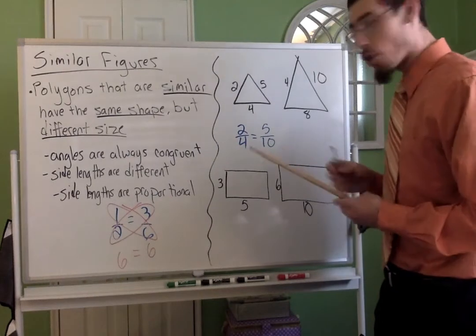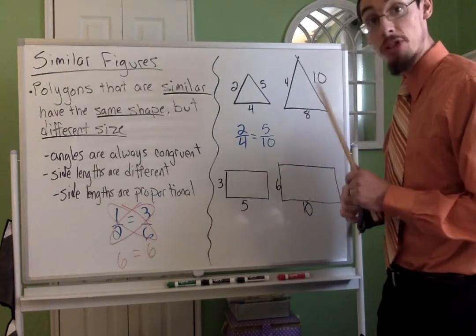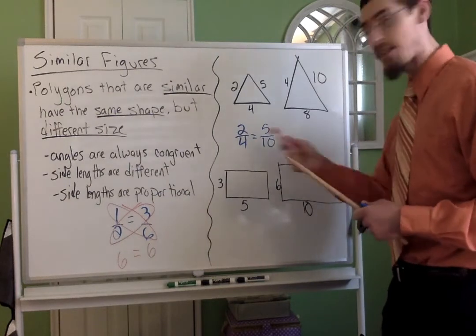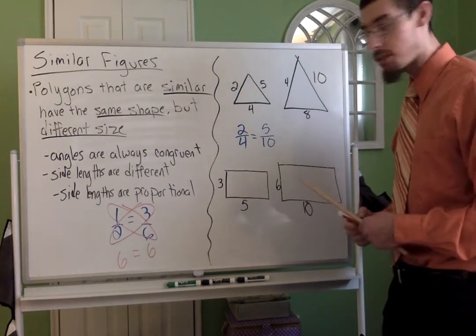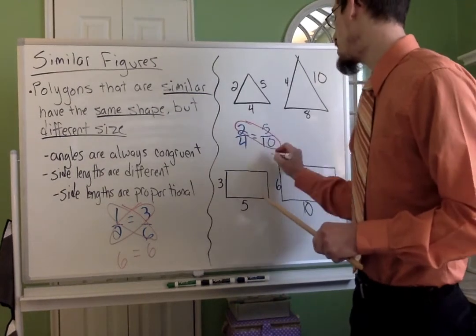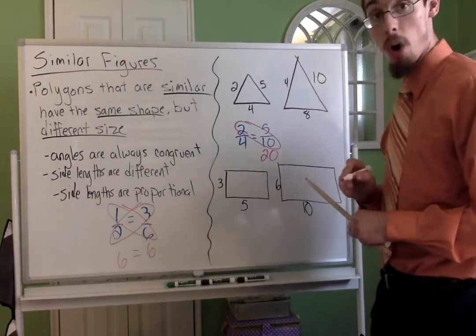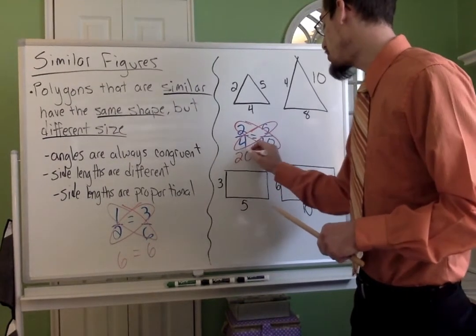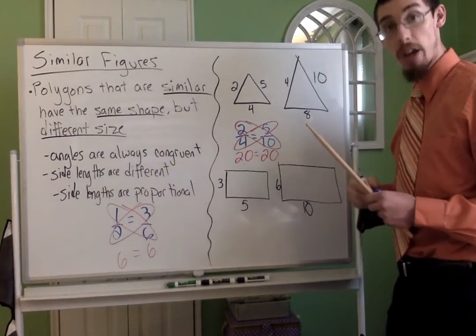couldn't I use cross multiplication to prove to myself that these actually are the same fractions? So 2 times 10 is 20, and 5 times 4 is also 20, right?